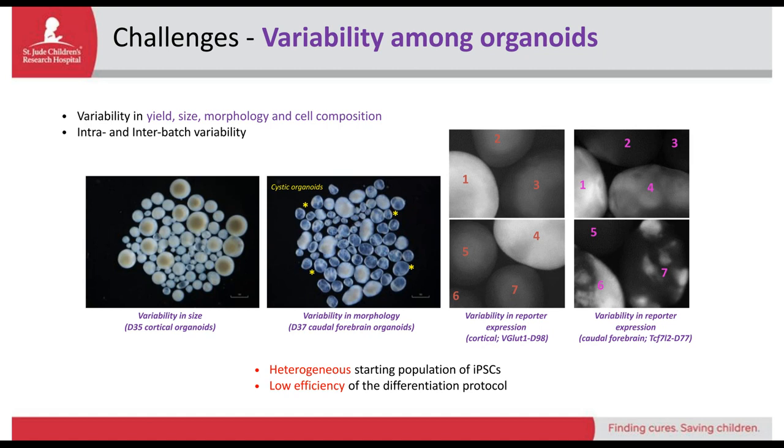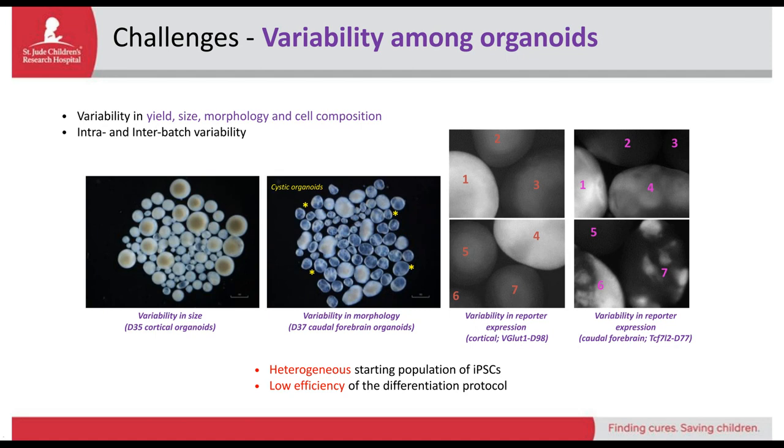Because the process of differentiation starts with dissociating these iPSCs into single cells and then reaggregating them in defined cell numbers, the proportion of good and bad iPS cells that you end up plating in every single well of that 96 well plate might be different. So your starting EB might be very heterogeneous within a single 96 well plate, as a result of which the organoids that you get eventually from those EBs will also be variable. So a heterogeneous starting population of iPSCs could lead to huge variability.